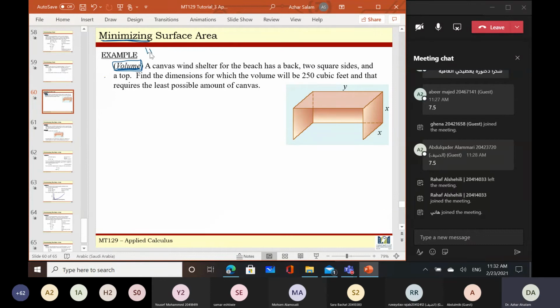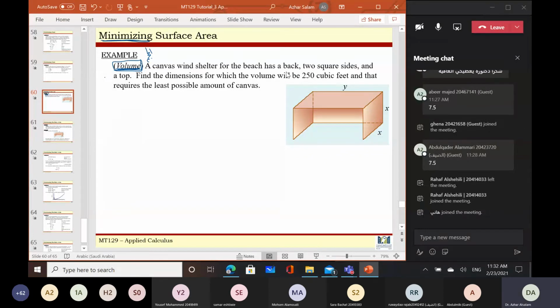Volume means الحجم. The problem: a canvas wind shelter for the beach. Canvas is like a fabric tent, for the beach, has a back.